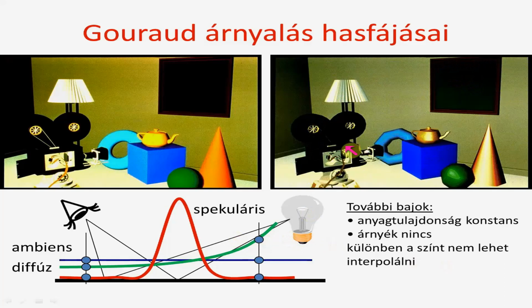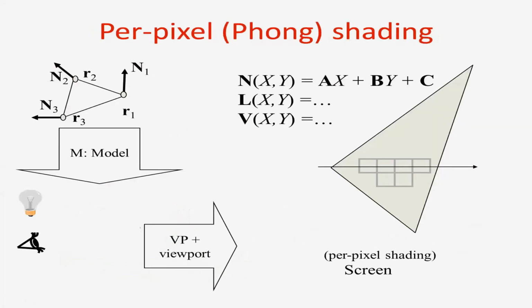The problem is that the glossy reflection is strongly nonlinear, which cannot be well represented and approximated by linear interpolation. The solution to this problem is Phong shading, which interpolates only those variables which are smoothly changing inside the triangle. Phong shading interpolates the vectors, like the normal vector, view vector, and illumination vector, and evaluates the radiance from the interpolated vectors at each pixel.